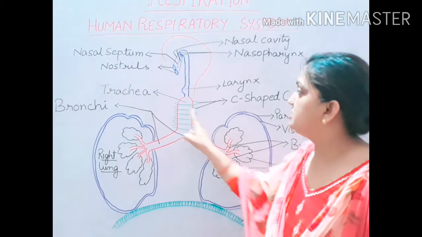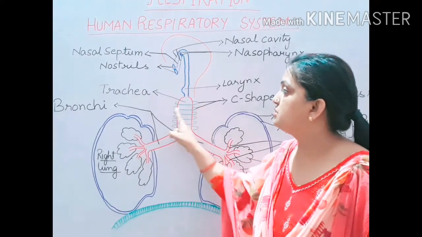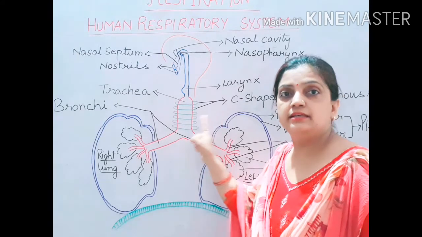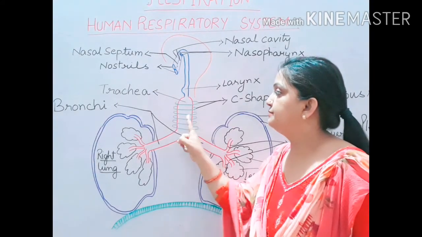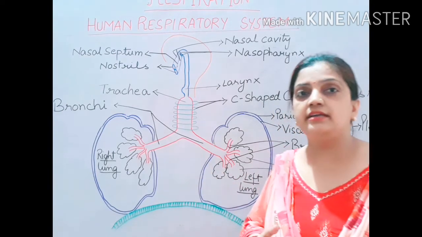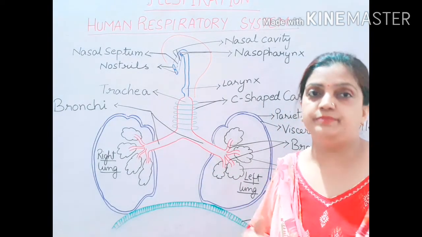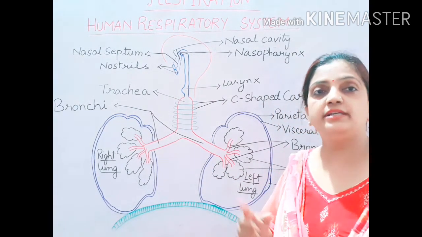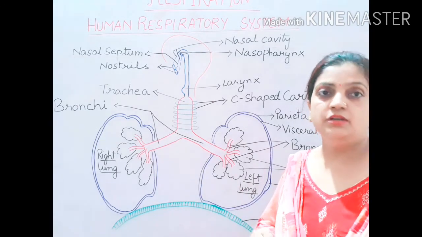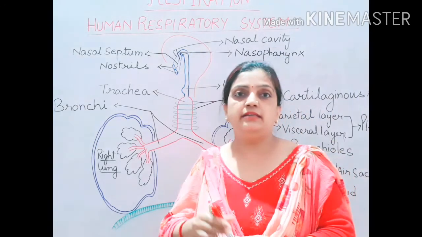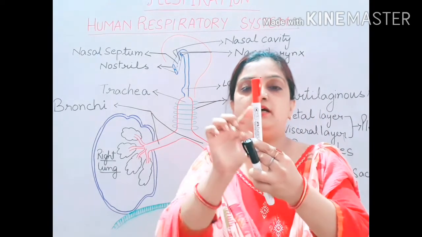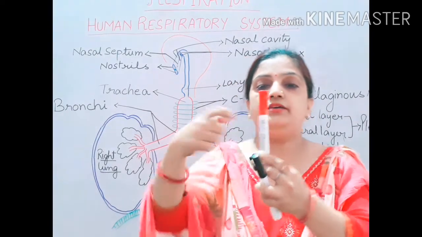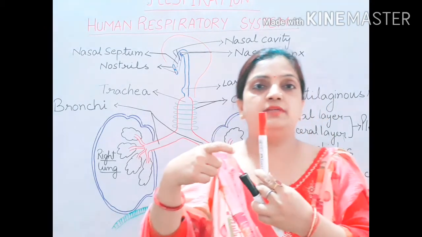So this is your trachea. Now children, this trachea is half covered with a ring-like structure, and this ring is C-shaped, alphabet C. So you can understand that if this is the trachea, it is covered by cartilage.